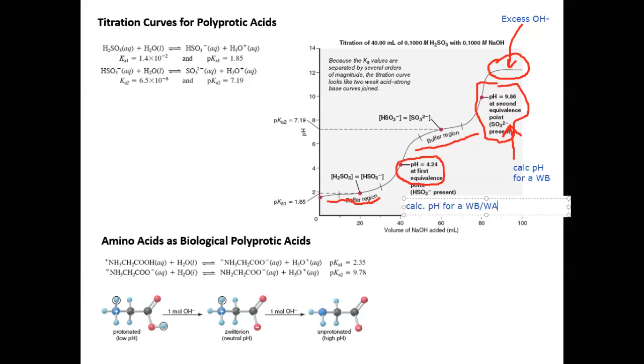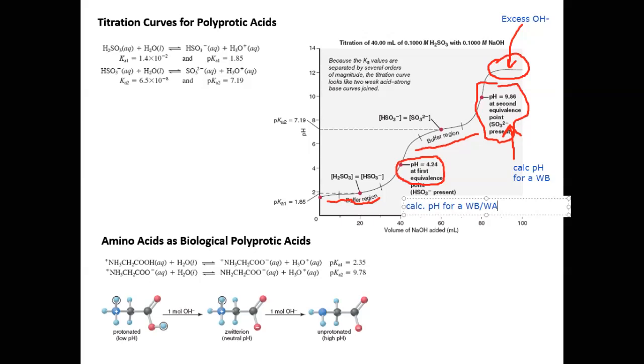Okay, let me write that down. pKa1 times 0.05, square root, second answer.